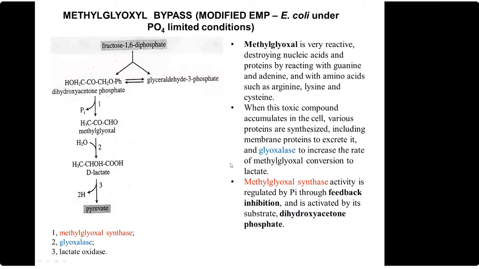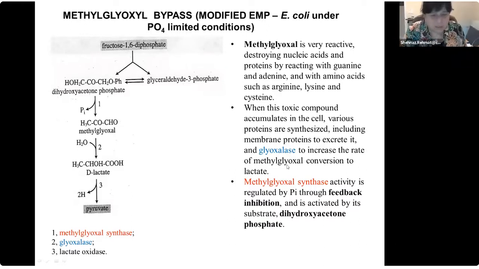Okay, so you understand that inorganic phosphate will be used for feedback inhibition, and also the enzyme is activated by its substrate, which is the DHAP. So this DHAP is an activator for this enzyme, whilst the inorganic phosphate inhibits it. So definitely a very delicate balance is created in this production of methylglyoxal.